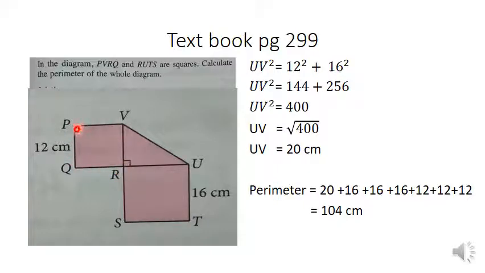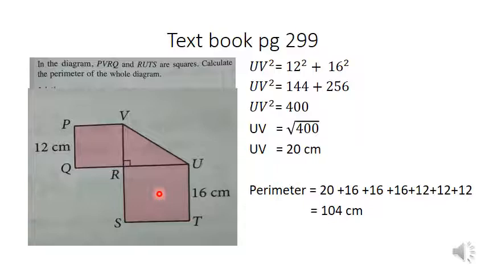Okay, move to the next square. TU, 16 cm. How about RU? Also 16 cm. RS, also 16 cm. ST, also 16 cm. Because square, all the sides of a square have equal length.